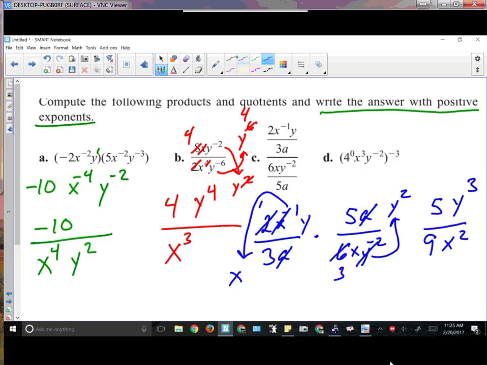We have got this to some power. I got 4 to the 0 power, x cubed and y to the negative 2. By the way, anything to the 0 power is what? There is a certain caveat to that, but we're not going to talk about it right now.